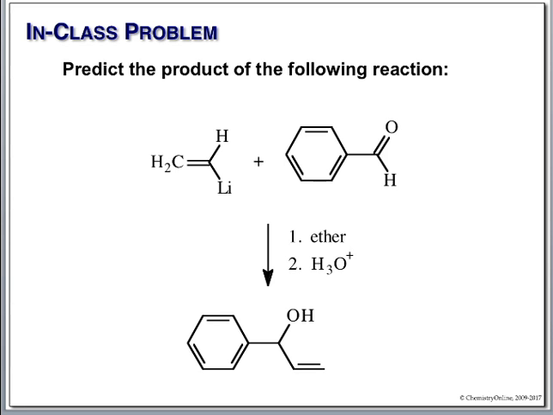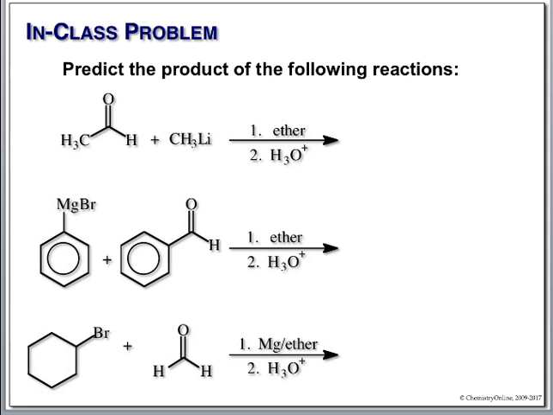The tough part here is recognizing that this is a new bond. This is what we had, this is our new bond, and we now have an OH. Any questions? This is kind of an exotic example. Let's do some that are more mundane. Go ahead and quickly draw the products of these addition reactions.